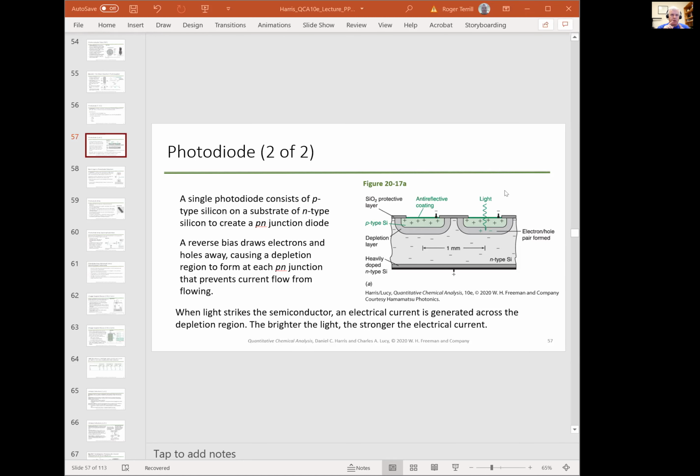One is photovoltaically, where if you create an electron hole pair in a PN junction, then the electron and the hole will be swept apart, and you'll get current and potential.